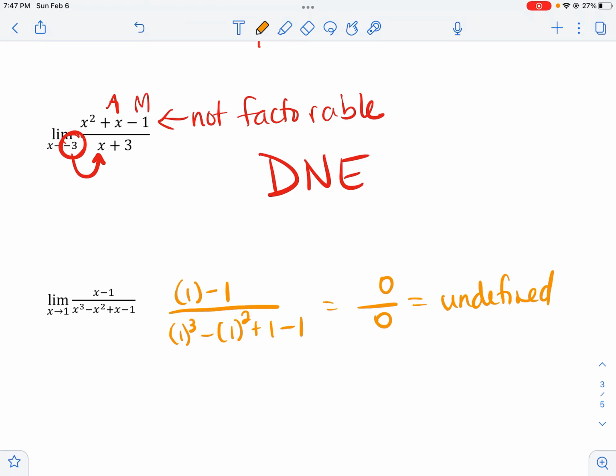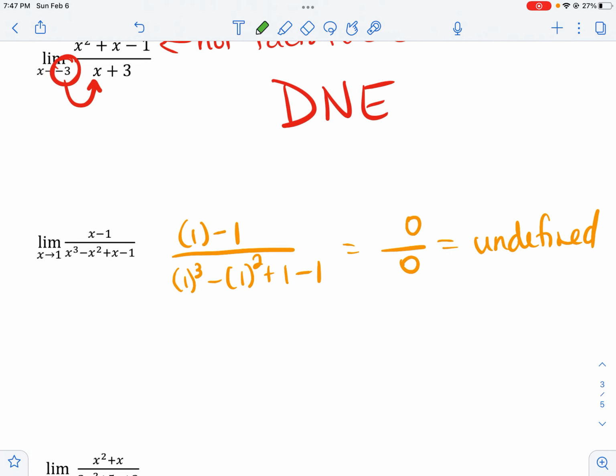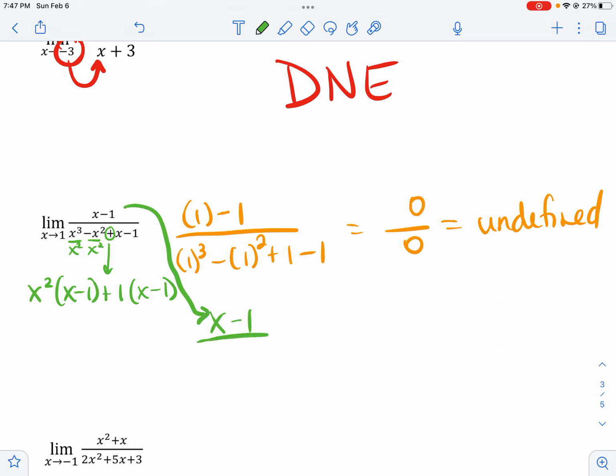However, this is going to have a limit because I'm going to be able to factor that denominator and essentially manipulate this. I could divide an x out. I'm going to factor by grouping. Actually, I could divide out an x squared. Get x minus 1. Bring down the plus sign. Bring down a 1, x minus 1. So the x minus 1, the numerator I'm just bringing down. The denominator, I'm going to finish factoring out the x minus 1.